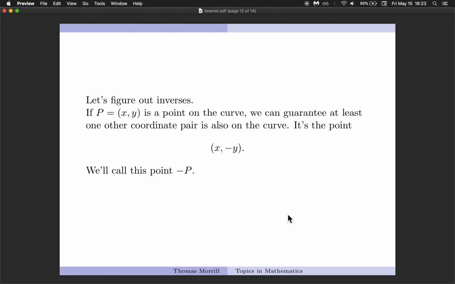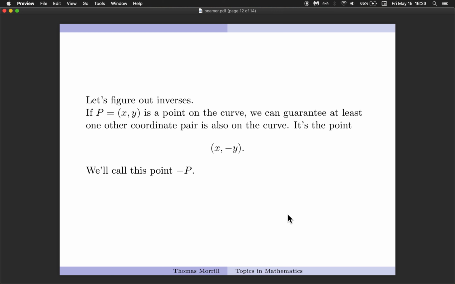I'm going to use the symmetry in the graph of the elliptic curve to define my inverses. Elliptic curves are usually written where the group operation is addition, right? I take two points, I add them together. That means that my inverse elements have to use subtraction, right?